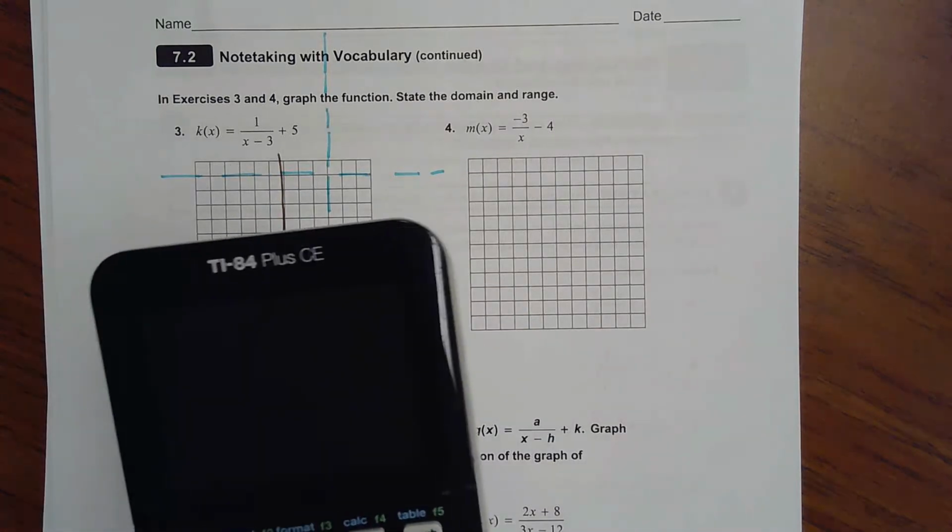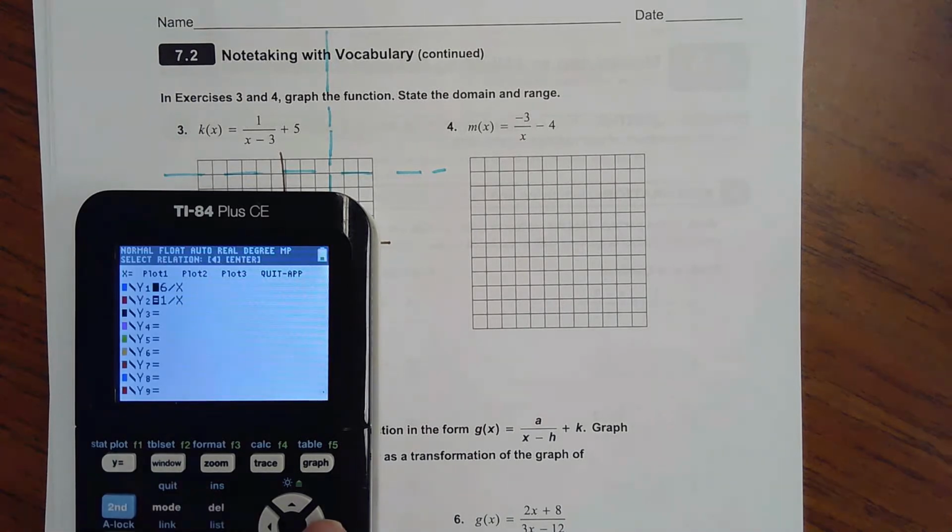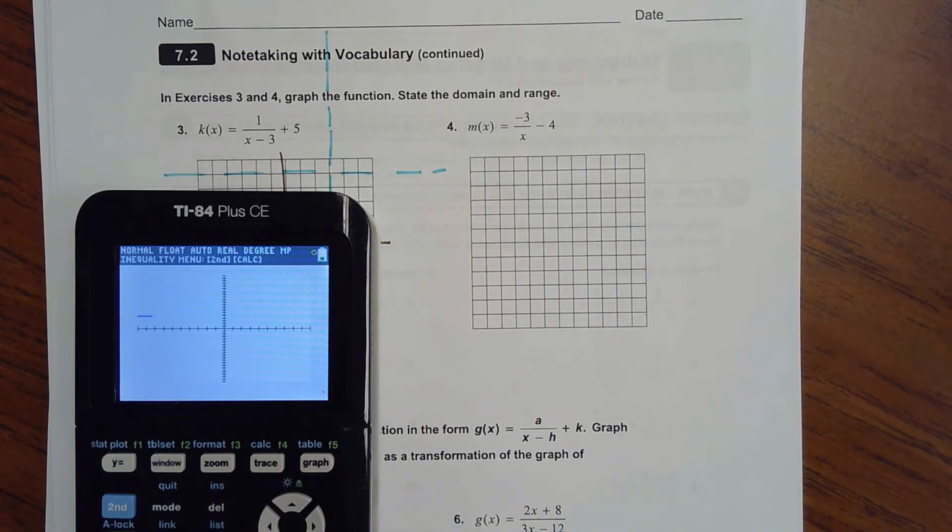So we can do a quick sketch on our calculators. Let me clear this stuff out of here. So if I did 1 divided by, and I'm going to put this in parentheses, x minus 3, and then plus 5. Let's see what I get when I graph that.